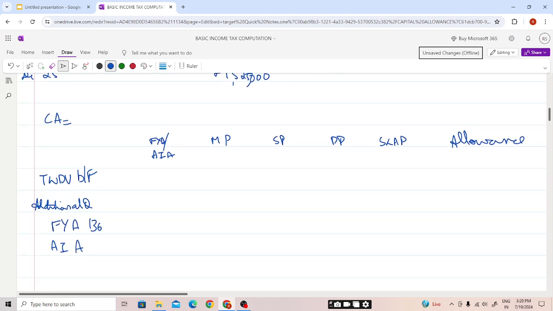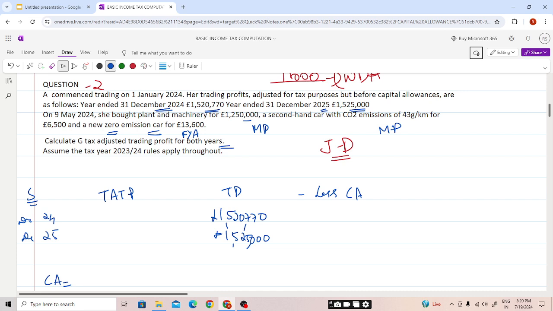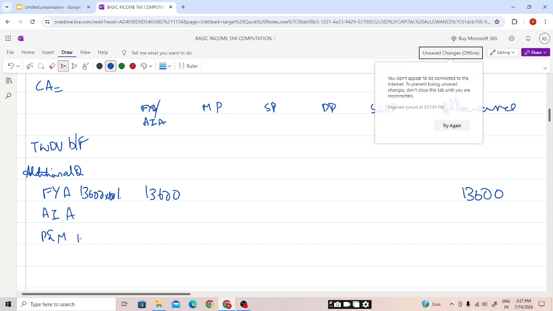So 13,600 full 100%. So it will be FYA of 13,600 allowance. Now coming to AIA, AIA will be on plant and machinery. AIA we can't claim on the car students. So AIA qualifying expenditure, plant and machinery, that qualifies as 1,025,000 pounds.